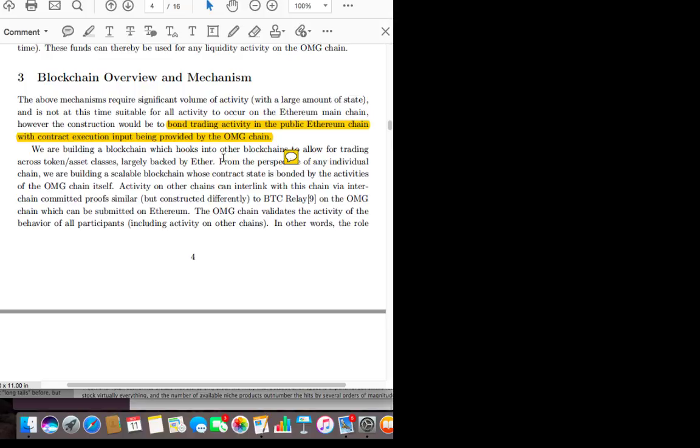So they're saying that basically the Ethereum main chain, all this activity and the mechanisms they proposed above, like in section 2, they're not suitable for the Ethereum main chain. So they're proposing to bond, is what they're saying, the trading activity between the two.